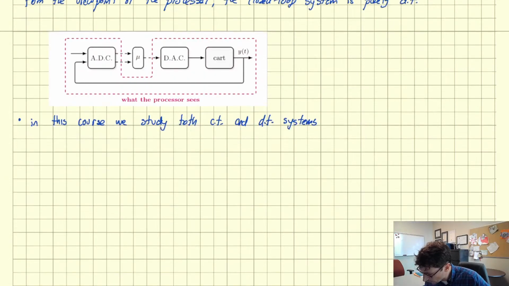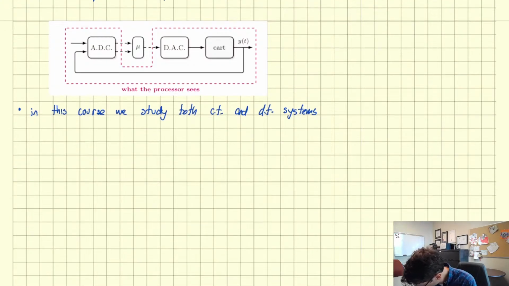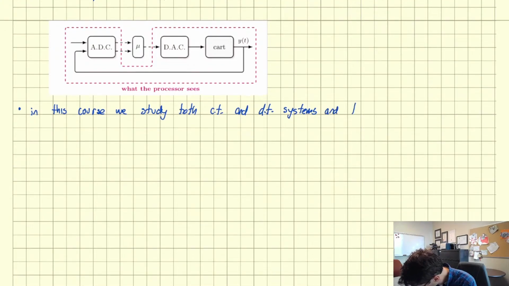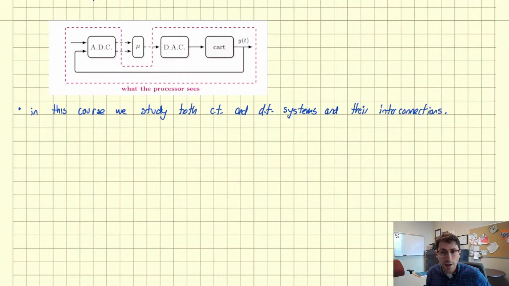So we're going to study both continuous time and discrete time systems and their interconnection. And it's the interconnections that are actually the most interesting part in some sense, right?